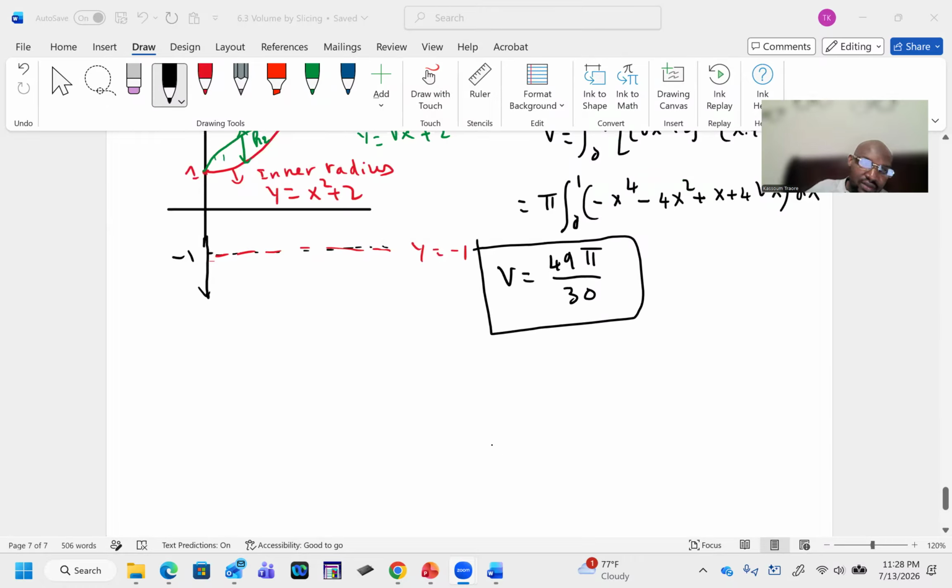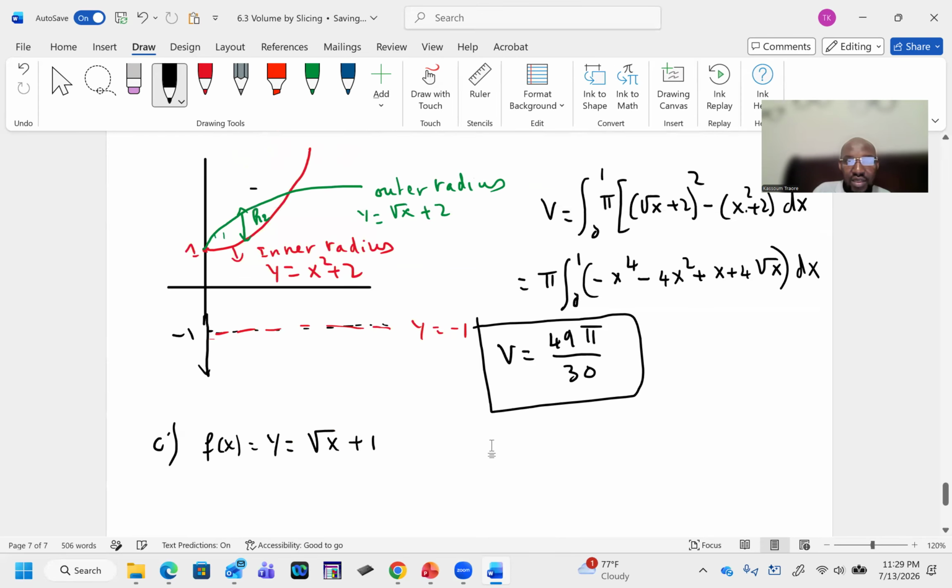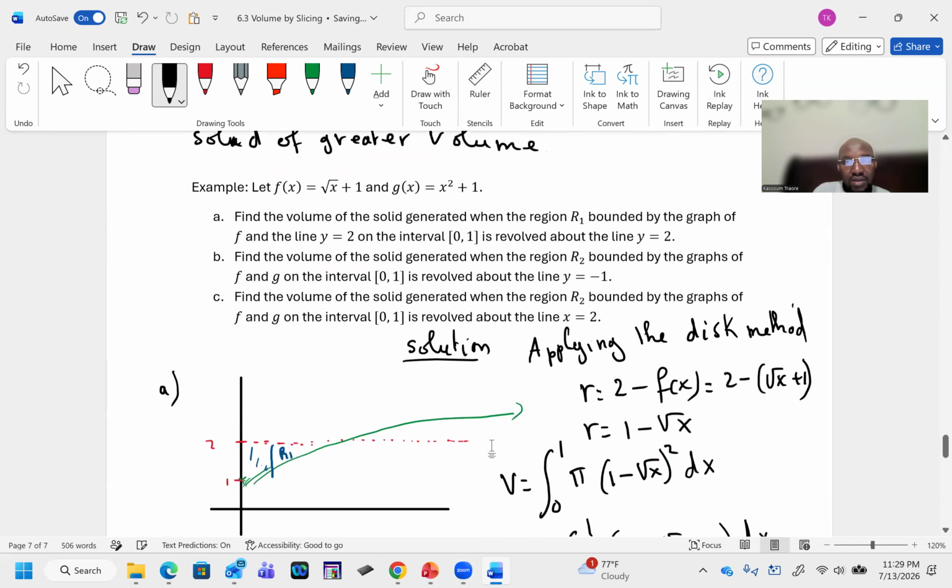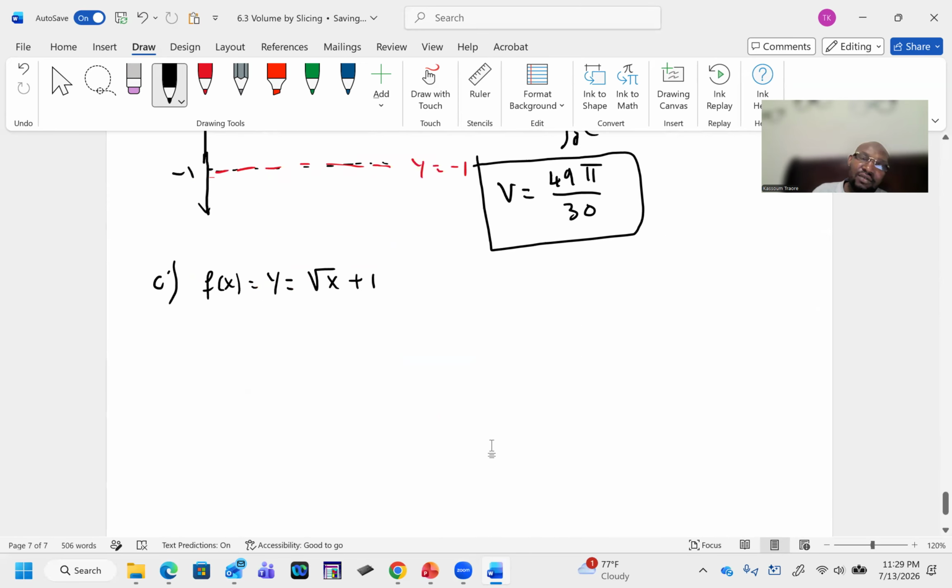So for C, my first step would be, we know f of x is equal to y, which is the square root of x plus 1. That's what is given at the top, right? So we have to find the inverse. The inverse means we minus 1 both sides.